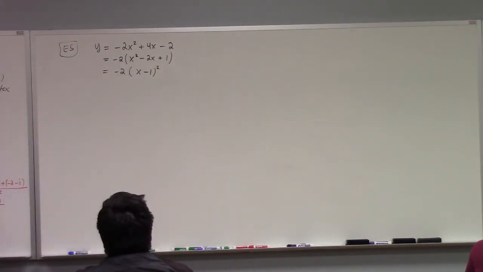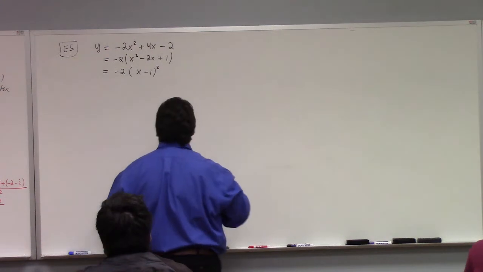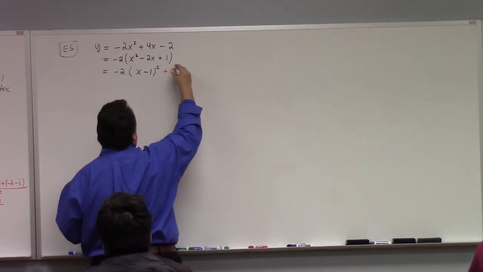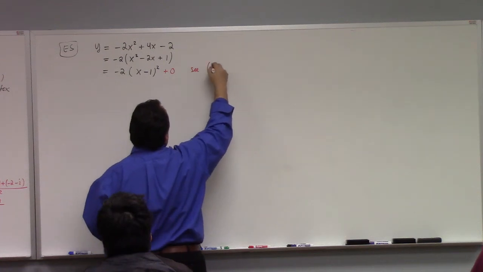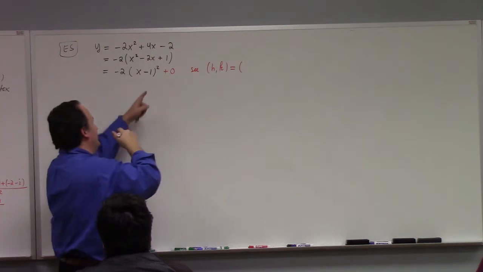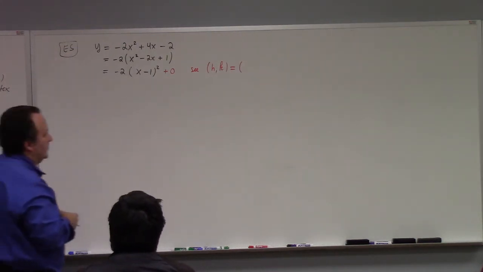So it factors. This is an interesting one because if you look at this, you can add 0 here, and you can see h comma k is what? I have to add 0, just so you can see. 1, 0, right?